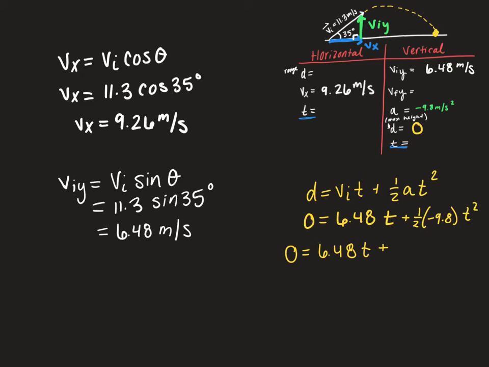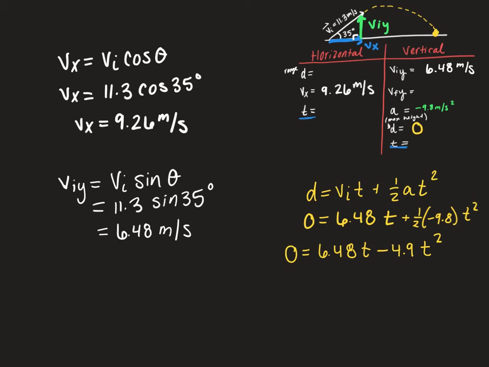Then 1/2 times negative 9.8 is negative 4.9. So now we have this equation: 0 equals 6.48t minus 4.9t squared.